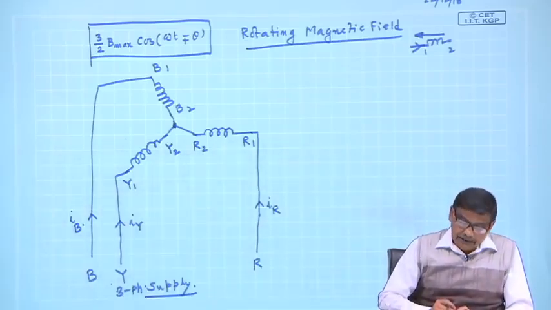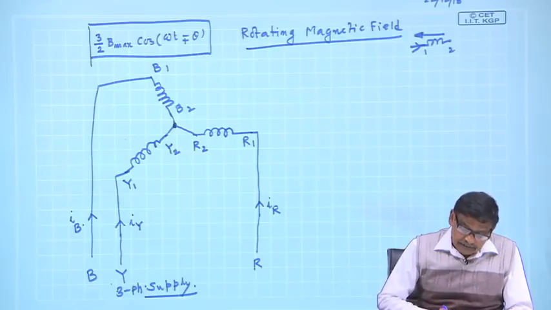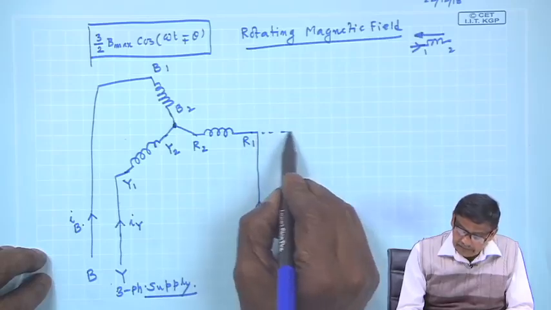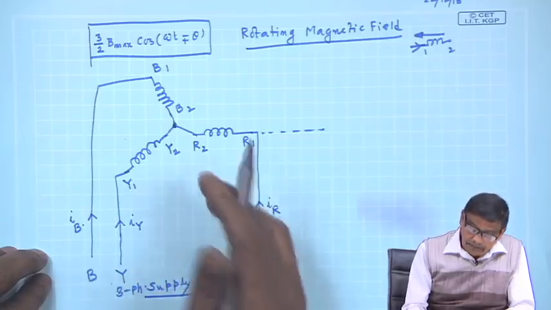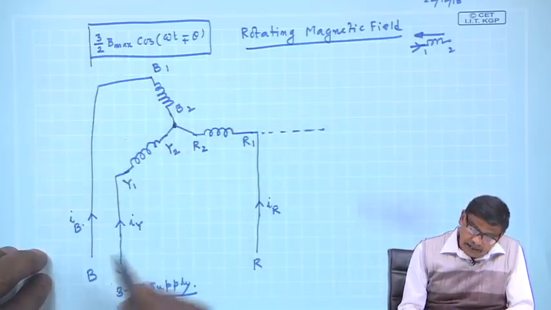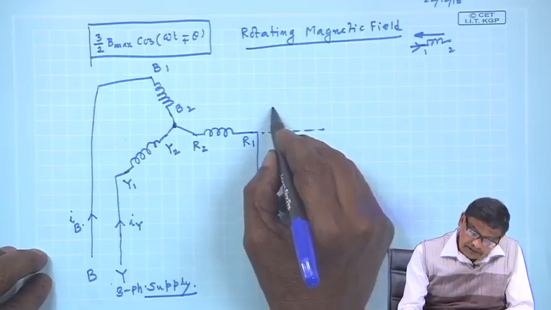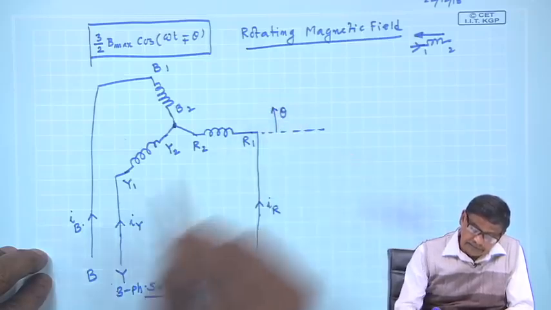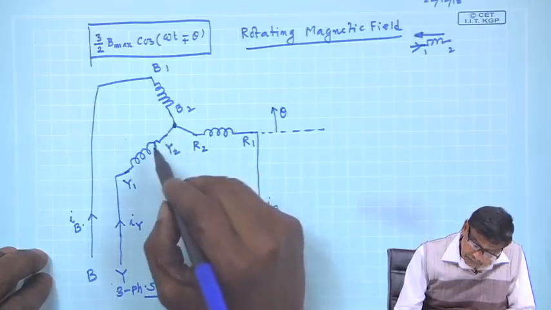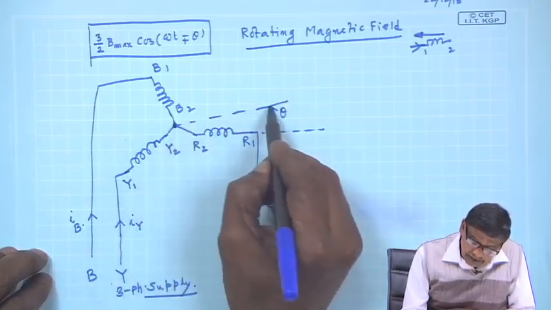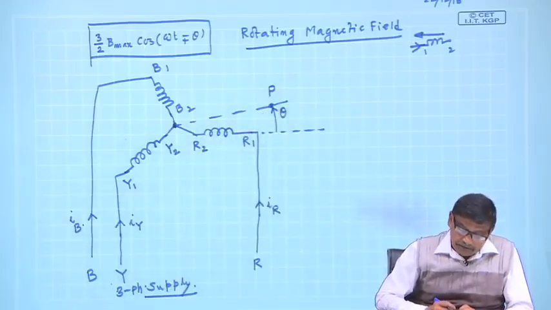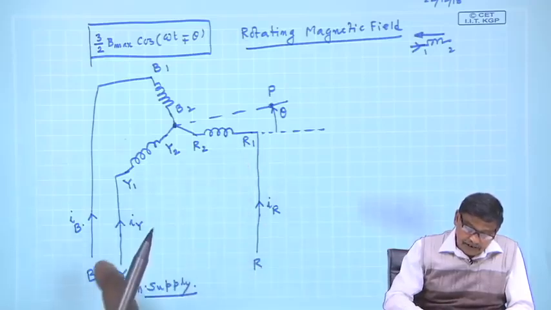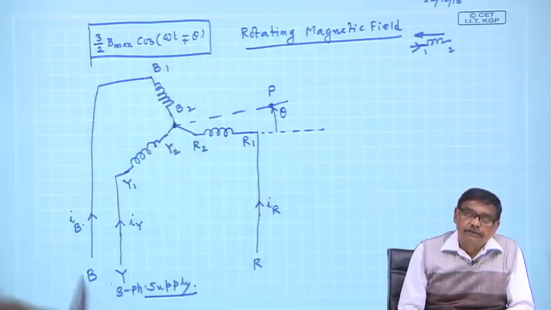That is the idea. Now, first thing is, suppose I start measuring theta from the axis of R 1, R 2. I will measure the value of theta, and theta measured positive is in this direction. And suppose at a point P, I want to find out the resultant field because of the R phase field, Y phase field and B phase field.